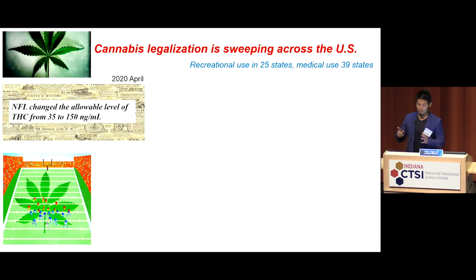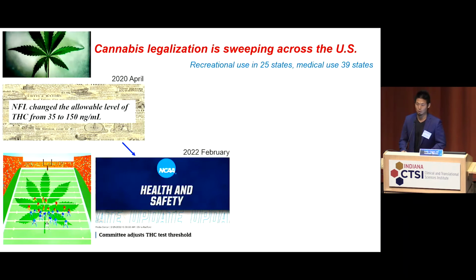And then this, as we expected, has been adopted by the NCAA. So right now, Big Ten or any of the NCAA, it's 35 to 150. They can smoke, right?